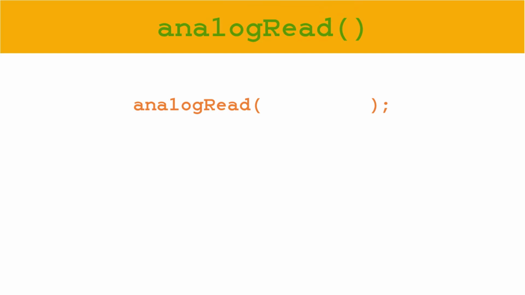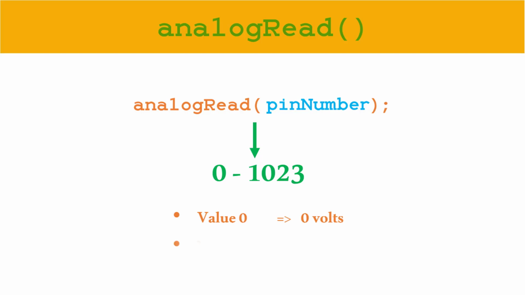This function just requires one parameter. It is the pin number from which you want to read the data. This pin number corresponds to the analog pin where your sensor is connected. This function returns a value within a range of 0 to 1023. Here, 0 represents 0 volts, and 1023 represents 5 volts.